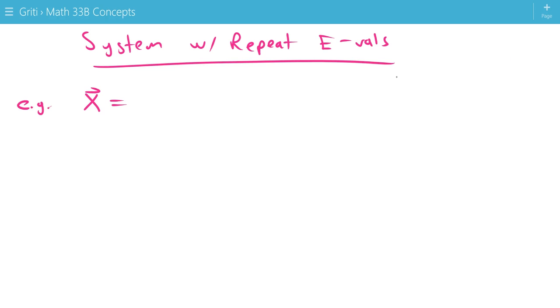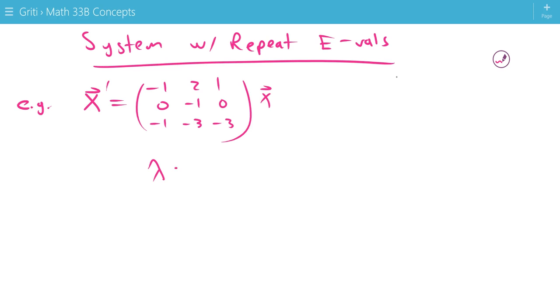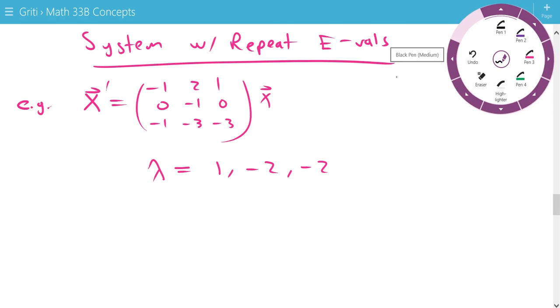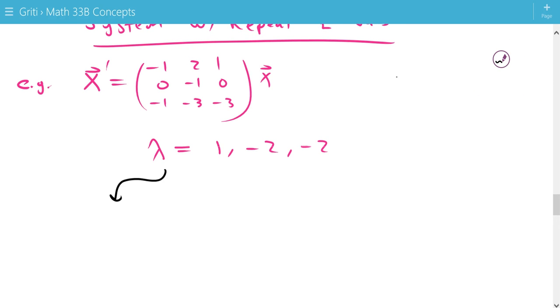For example, negative 1, 2, 1, 0, negative 1, 0, and negative 1, negative 3, negative 3 times x, and this is x prime. If you look at the determinant of A minus lambda I, you'll get that the eigenvalues are 1 and then negative 2 and negative 2. So we know how to deal with this.